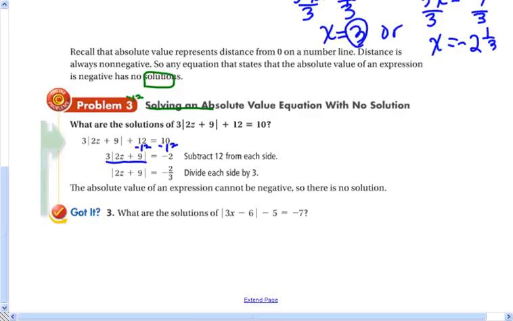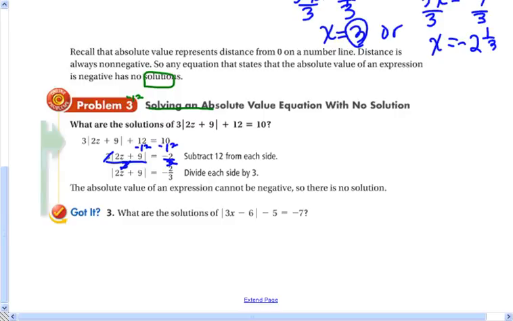Then divide both sides by 3, and when you divide this side by 3, that cancels that 3 out there, and when you divide this side by 3, you get negative 2/3.